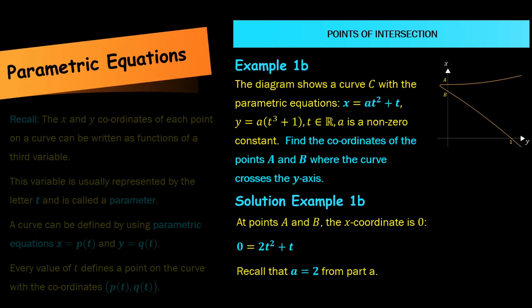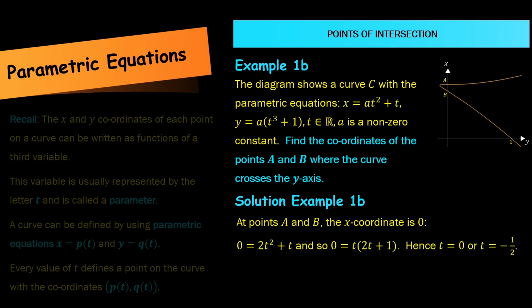Therefore, if we plug in a equals 2 into the equation x equals at squared plus t with x equal to 0, we obtain 0 equals t times 2t plus 1. And so we have t equals 0 or t equals minus a half.